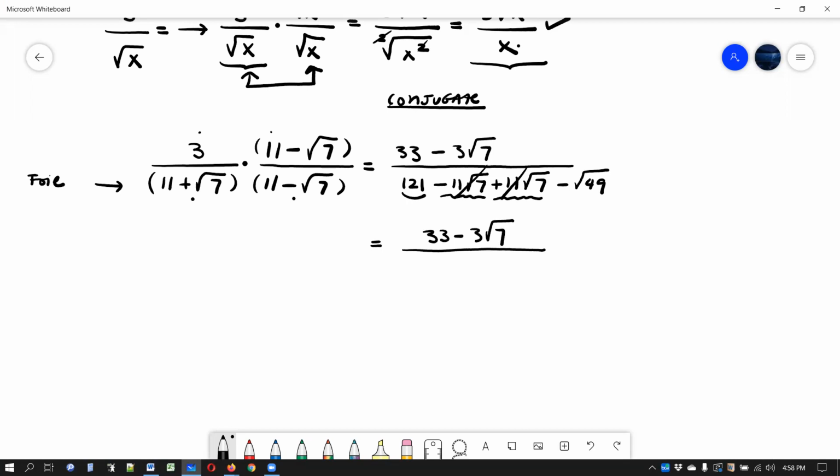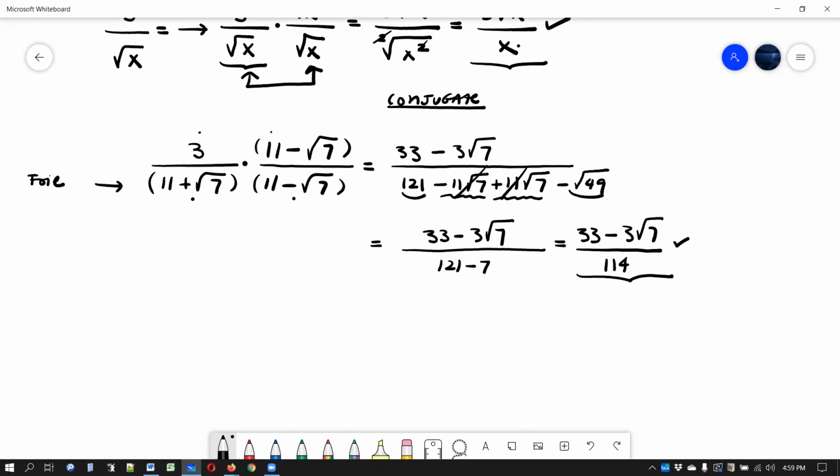This is 121. This is minus 7. 33 minus 3 radical 7. And then 121 minus 7, 114. We would see if we can simplify, but for now, this is okay, and I'm done.